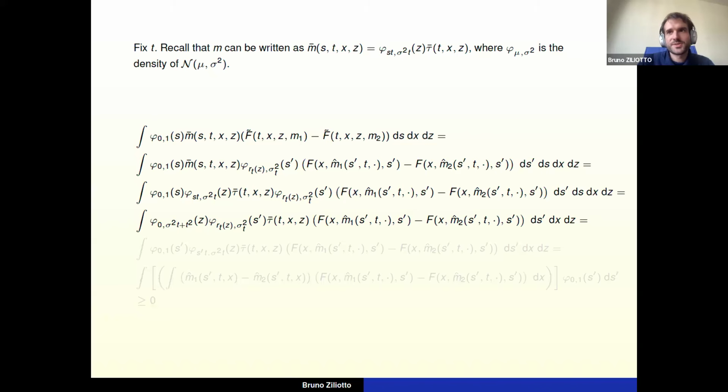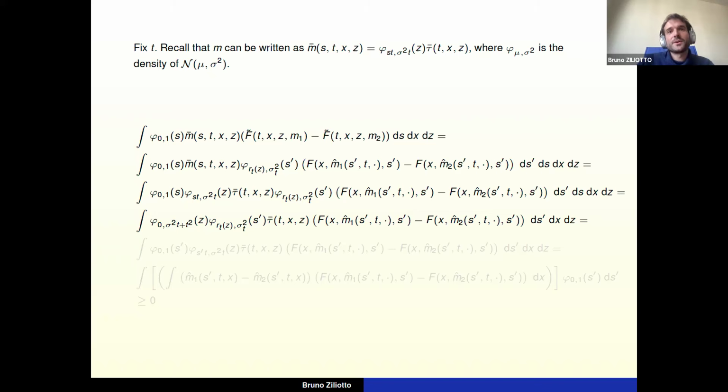First, the state S is drawn according to the normal law of variance 1 and center at 0. Then given S, I draw some signal Z, and the law is exactly this term phi_{s,t,sigma squared t}. If I put together these two steps, I naturally obtain a process where I directly draw Z according to its distribution at time t, which is the normal law centered at 0 and variance sigma squared t plus t squared. It's just a rule of computation of normal laws.